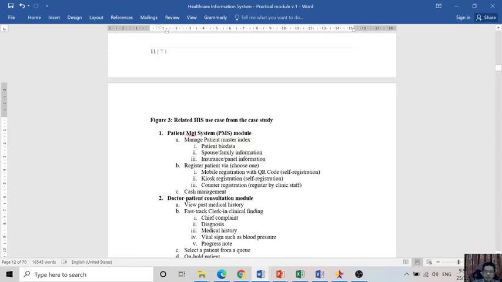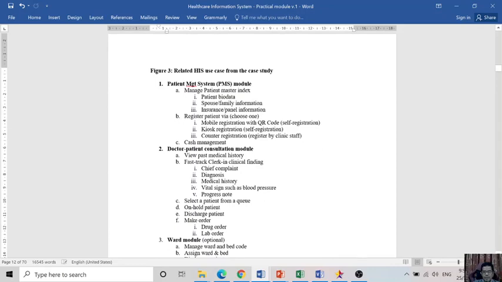You have to do some research, for example, the patient encounter, the responsibility of the health worker, what information is captured at each of the process. Then from that you will come out with this one.